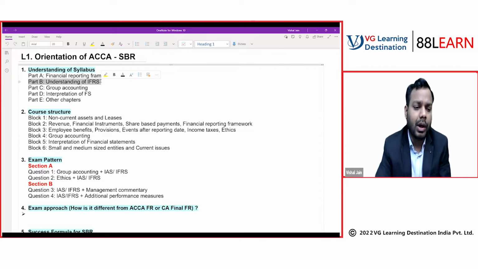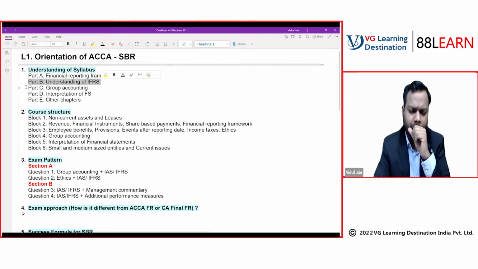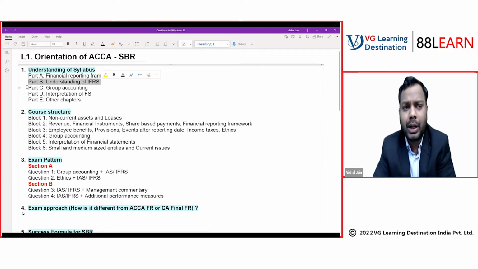Okay. Now, third is group accounting. The group accounting which we study at ACCA skill level and CA final level is totally different from what we have to study here. The basic concepts will remain the same, but it will be a completely different chapter.